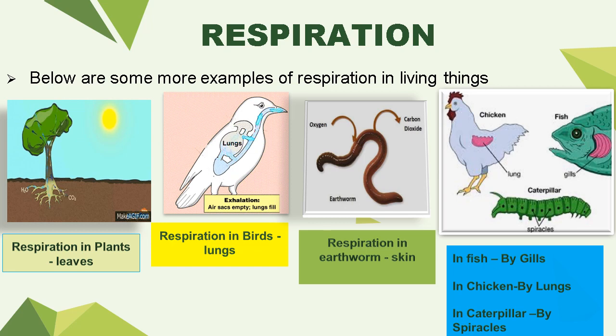A majority of aquatic animals like fish and prawns breathe through special organs called gills. Amphibians, mammals, and birds exchange gases through special respiratory organs called lungs.